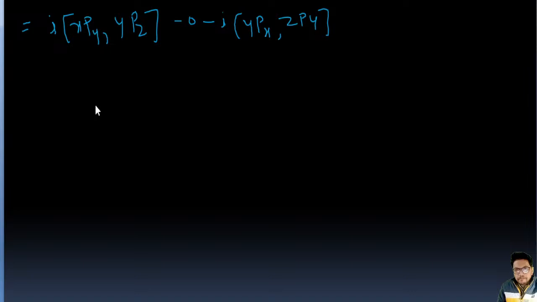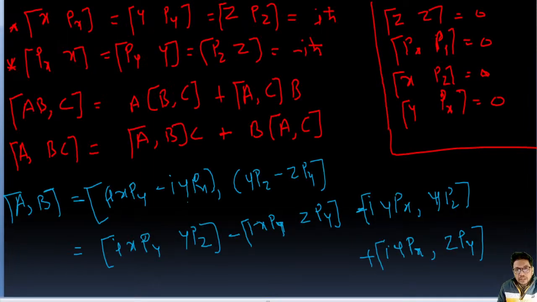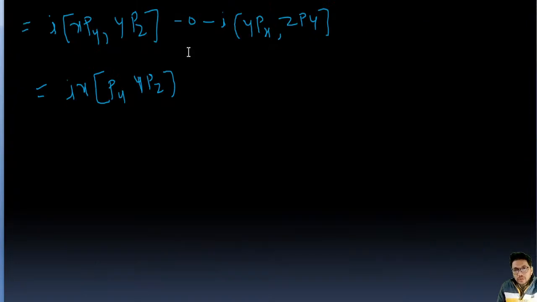Okay, so next it is going to be iota ypx and zpy. We'll open it and use this property: iota x common, py ypz. We have used this property, and the next term is going to be 0.